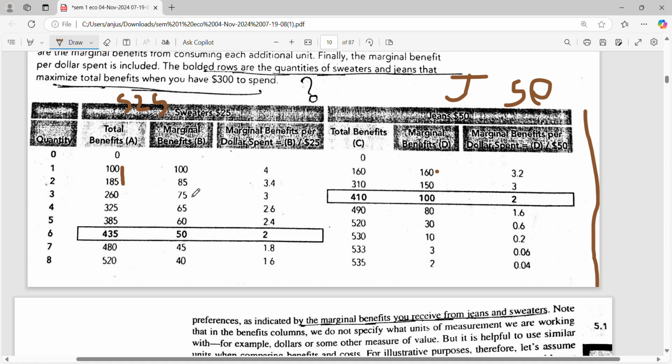Then the next marginal benefit is 85, 85 by 25 gives 3.4. Then 75 by 25 is 3. Then 65 by 25 is 2.6, 60 by 25 is 2.4, like that. Same applies here.